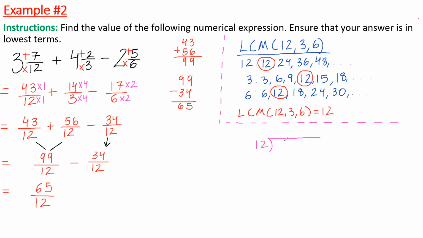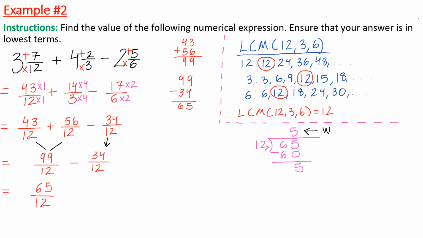12 into 65. So it should be easy. How many times does 12 go into 65? 5 times, because 12 times 5 is 60. Very good. So now we have 65 minus 60, which is what? 5. So what we have now, the whole number is going to be what? 5.